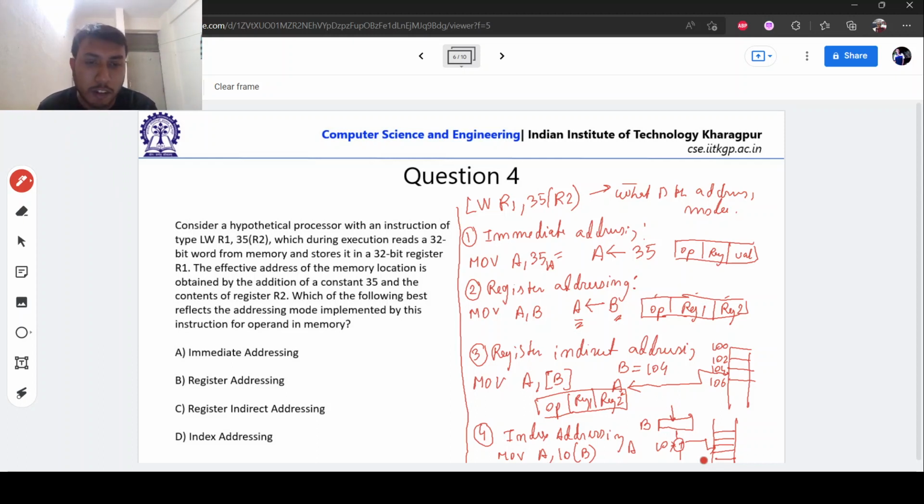In those kinds of cases, this is a situation that can be thought of. So 10 is added to the base address of B, and that address location is fetched from the memory. This is called the index addressing method.